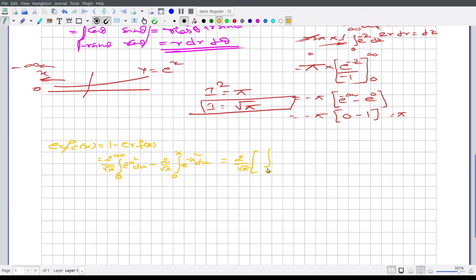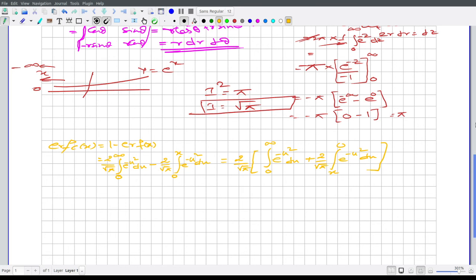So this value, by taking 2 by root pi common, we can write 0 to infinity e to the power minus u square du plus 2 by root pi. I will tell you why I am writing plus. Now we are changing the limit: minus u square du.